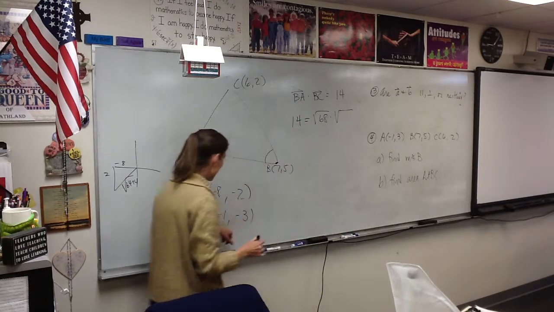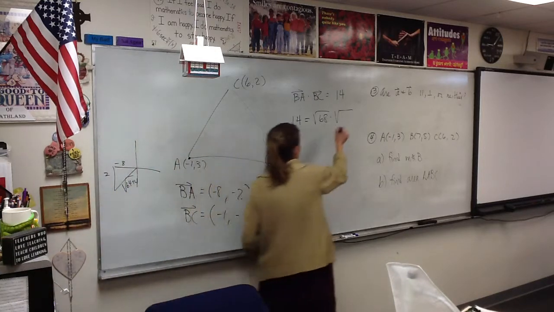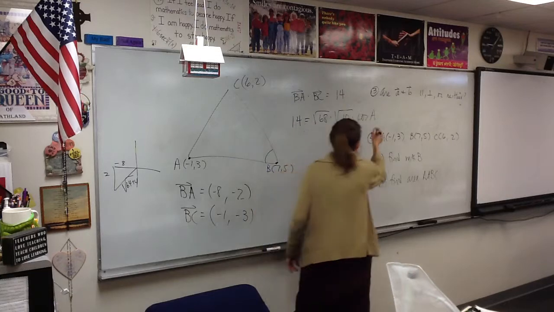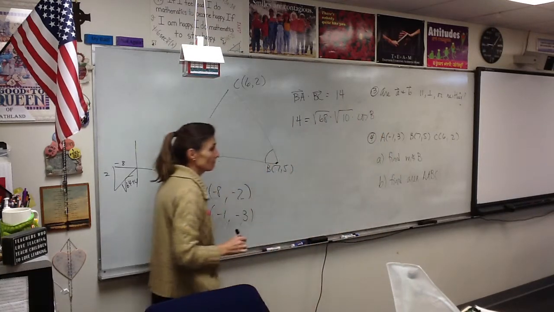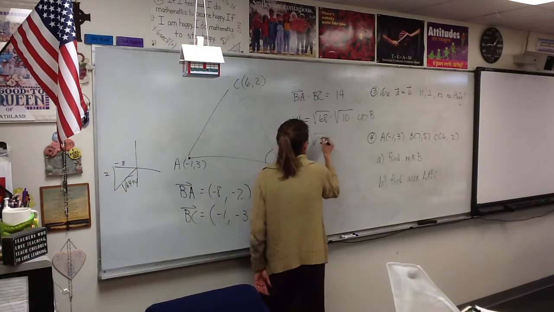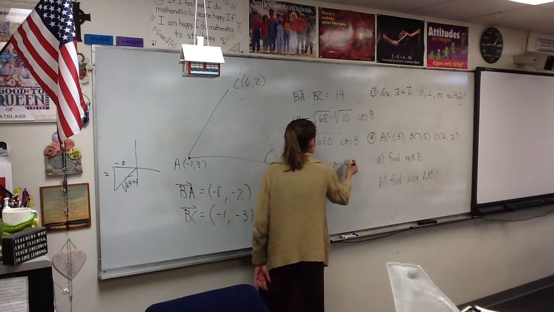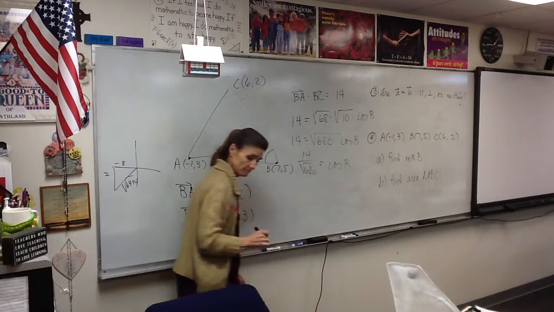What's the length of this vector? Root 10 times the cosine of the angle between them, which would be B. So 14 equals the square root of 680 times the cosine of B. So the cosine of B equals 14 over root 680.